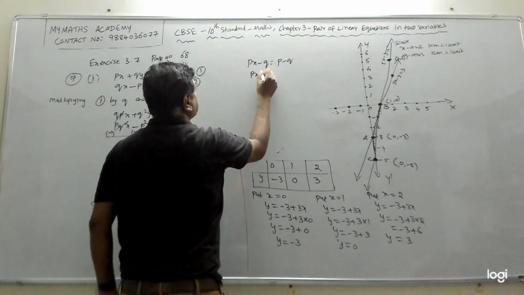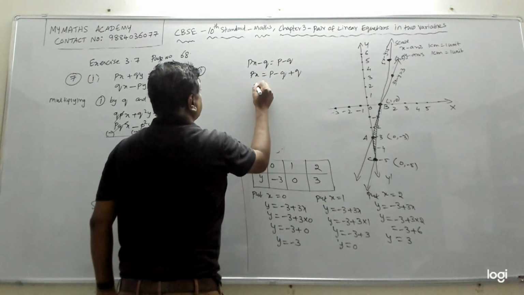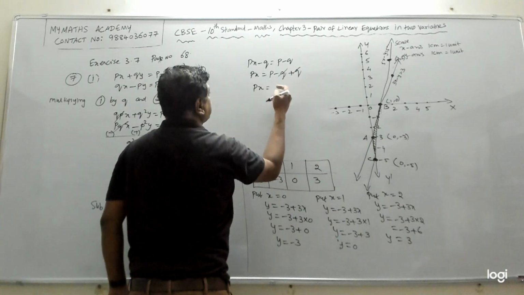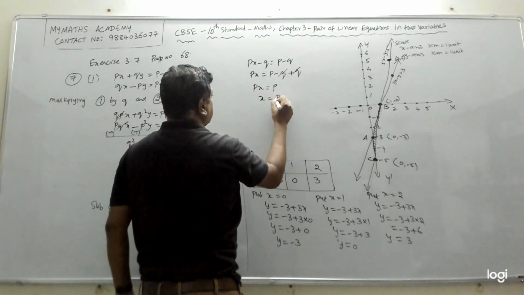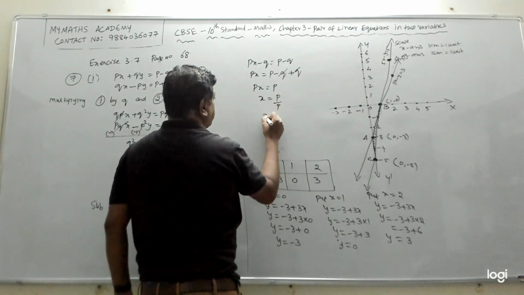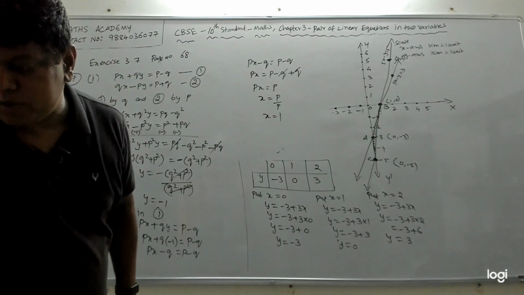Now px is equal to p minus q. This minus q goes this side. It will become plus q. So you will get px is equal to p, minus q plus q will get cancelled. You will get px is equal to p. So then x is equal to p by p. So which means x is equal to 1. Clear? So what is the solution now?